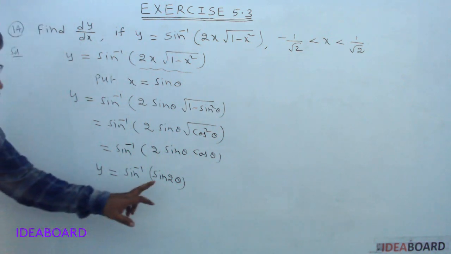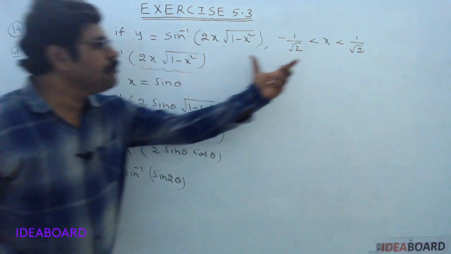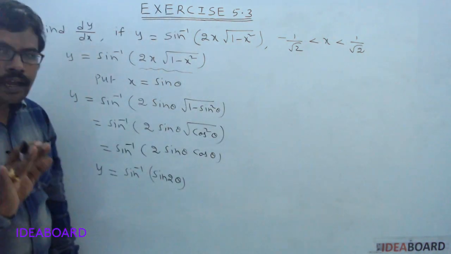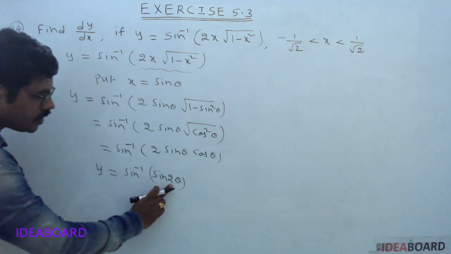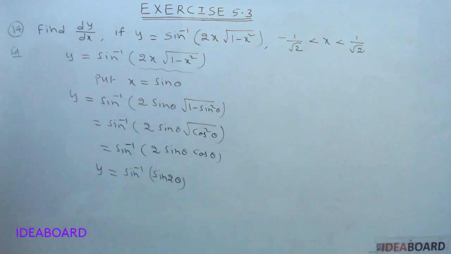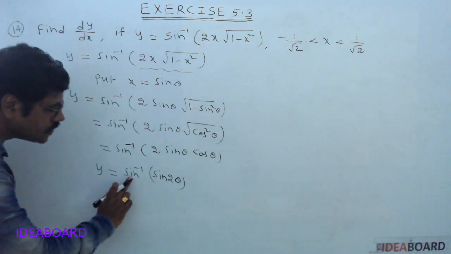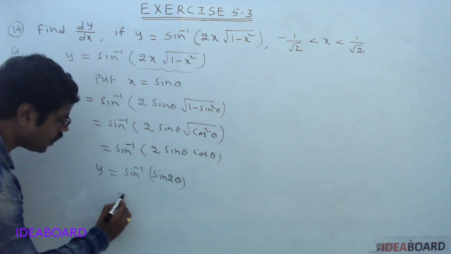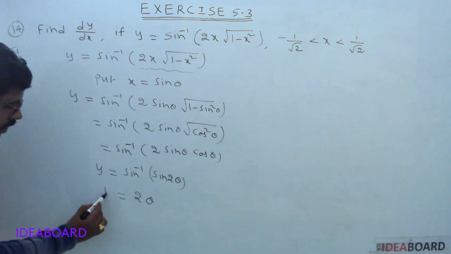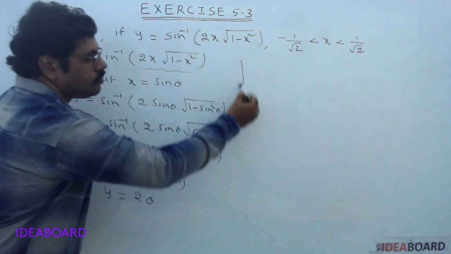Now again, to verify this 2 theta value, according to this condition, through this substitution, definitely this 2 theta value lies in the range of sine inverse. Due to that reason, I am writing directly sine inverse of sine 2 theta as 2 theta. So y equals 2 theta.